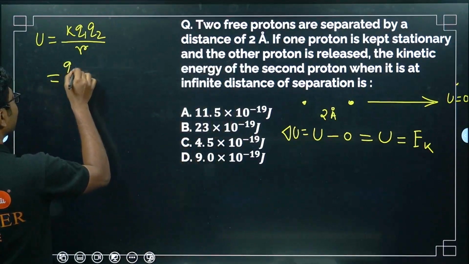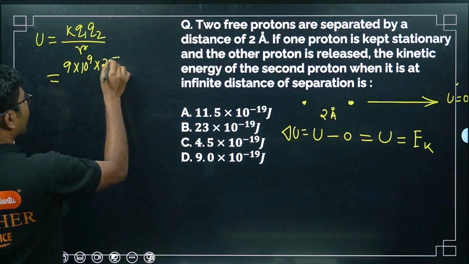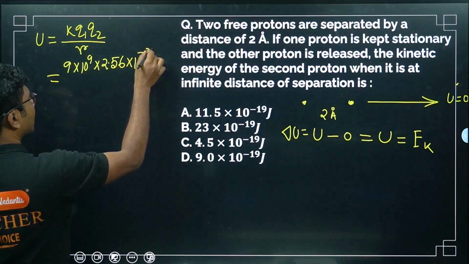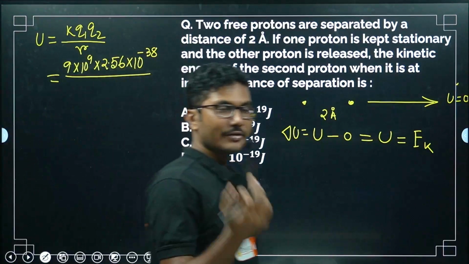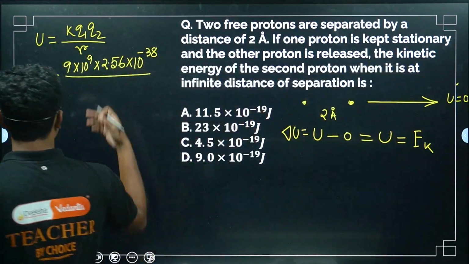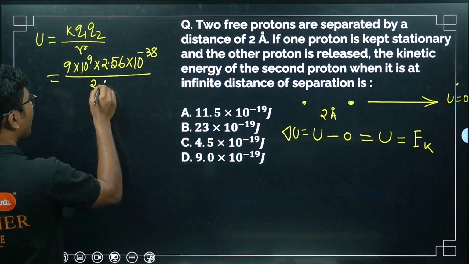We already have used some calculation logic, so I am not going to explain why it is 2.56, why it is 10 to the power minus 38. If you are watching from the middle, I request you go back and check the previous problem where I have explained why this is like this, and R is 2 angstrom.